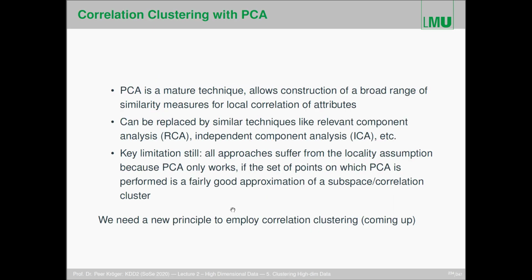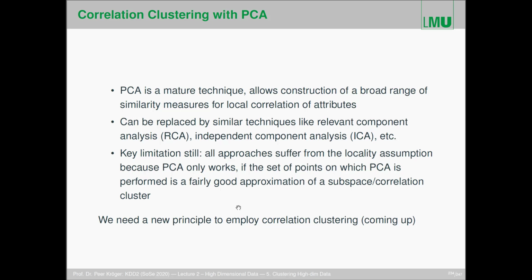So in general, all those methods, and there are a lot of methods that use PCA for that purpose, they have some limitations. Well, first of all, we have to say that PCA is a mature technique. We had that before, and it's really a sound thing. So it always allows the construction of a broad range of similarity measures for local correlation of attributes.